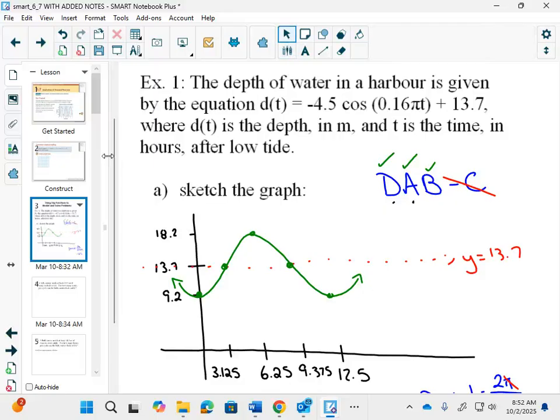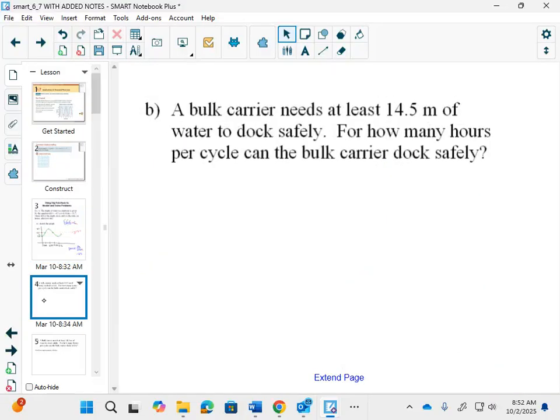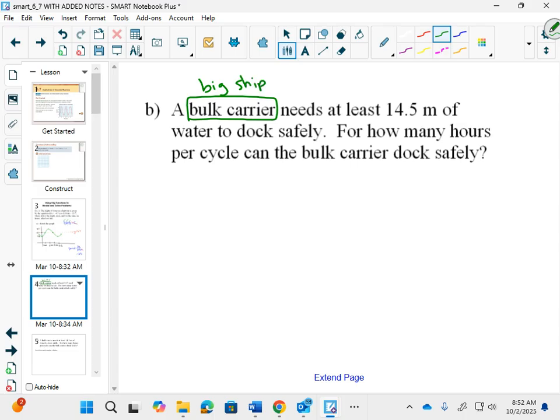Perfect. Okay. Then part B here says a big ship. So this is a big boat, a big ship. And because it's so big, it needs a certain depth of water in order to be in the dock safely.